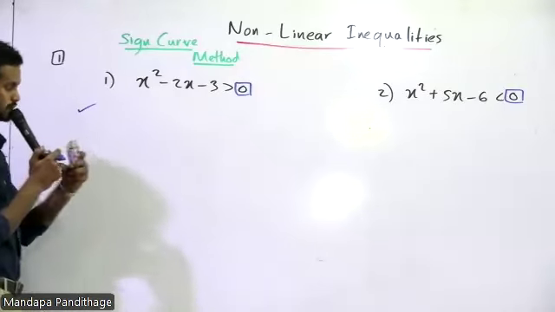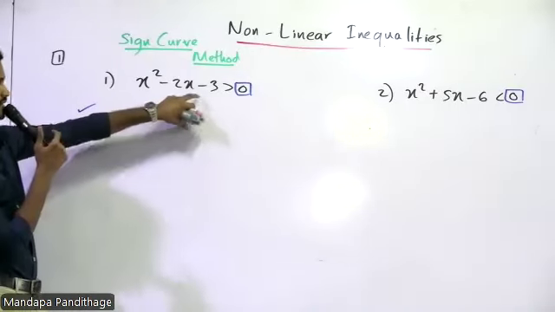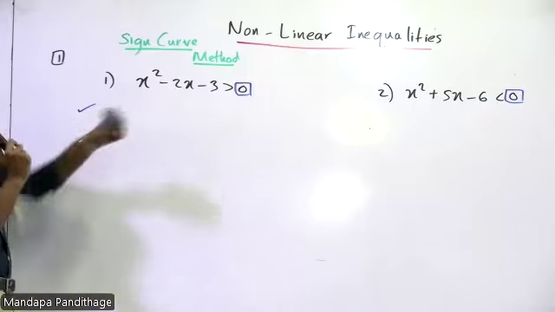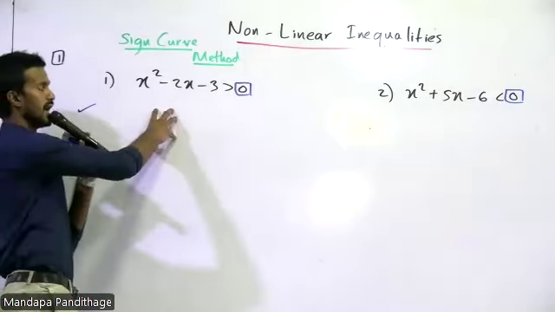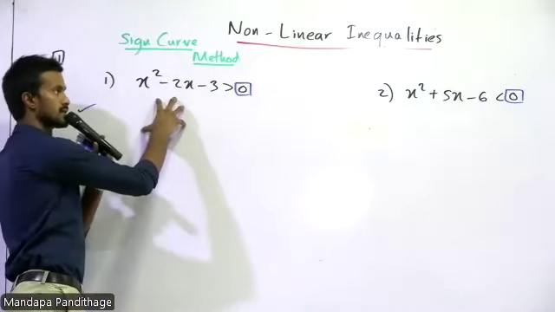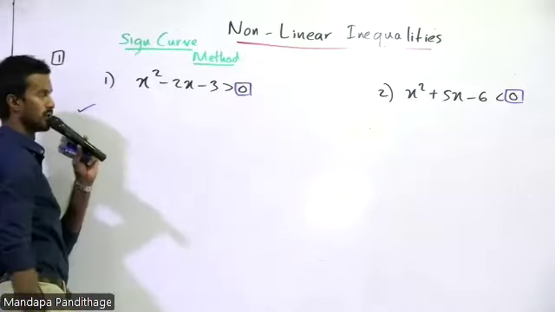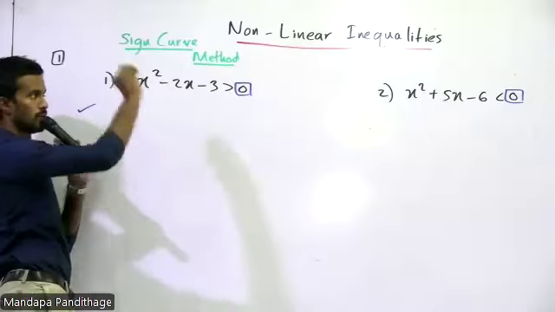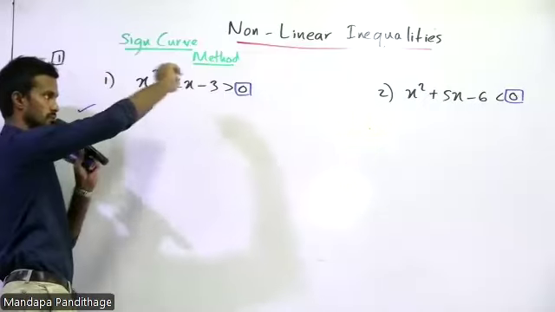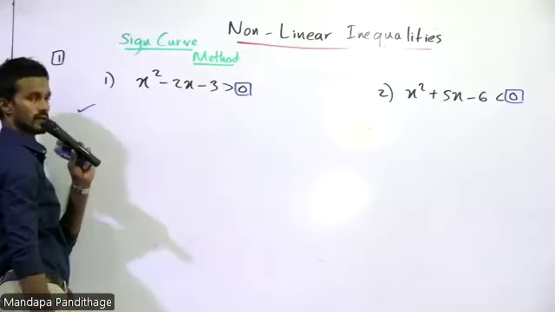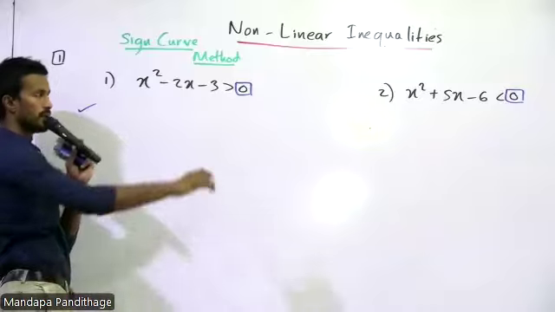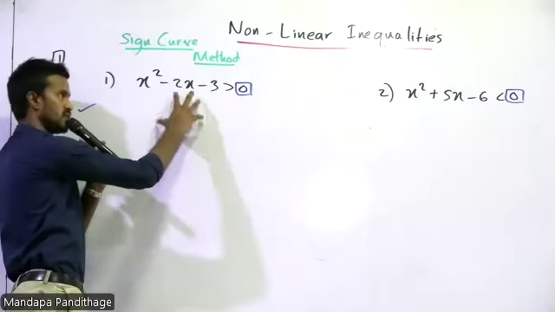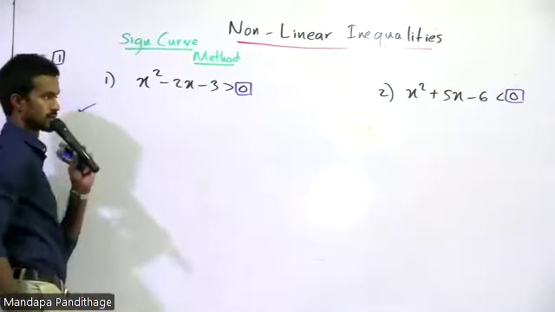And the second step is that you need to simplify this side. If there are any simplifications, you have to simplify and you have to factorize this as much as possible. You have to factorize it as far as possible. So second point, if there's any simplification, do the simplification and then factorize.